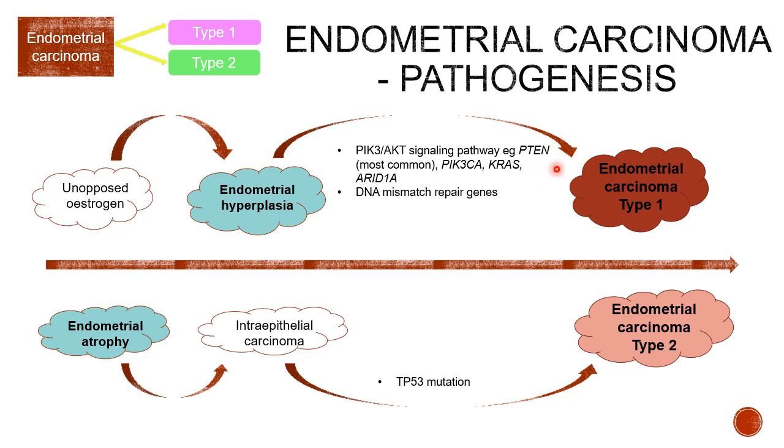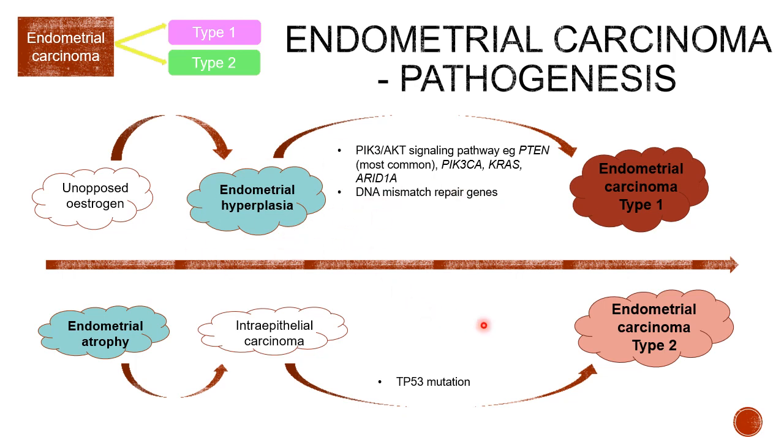Of these, the PTEN mutation is the most common, and also those affecting the DNA mismatch repair genes. So that completes the pathogenesis of endometrial carcinoma, which arises in the setting of endometrial hyperplasia.